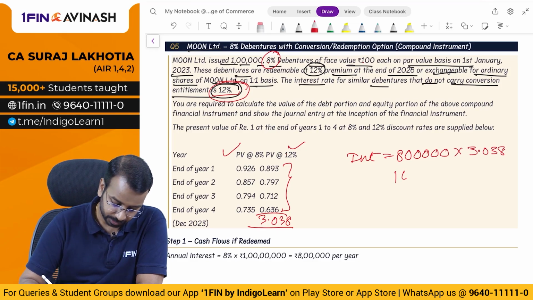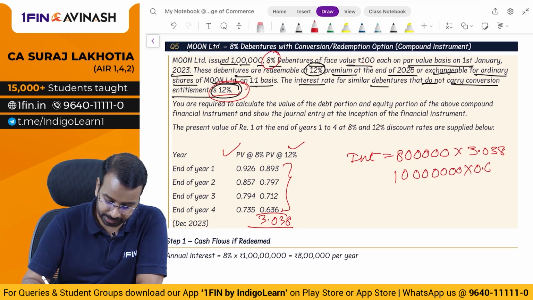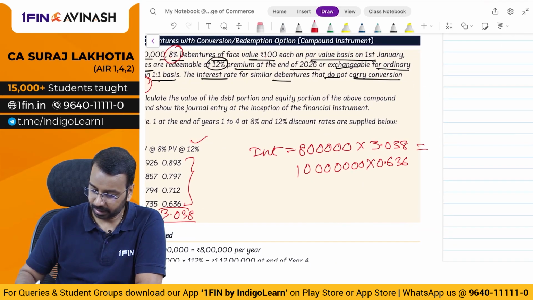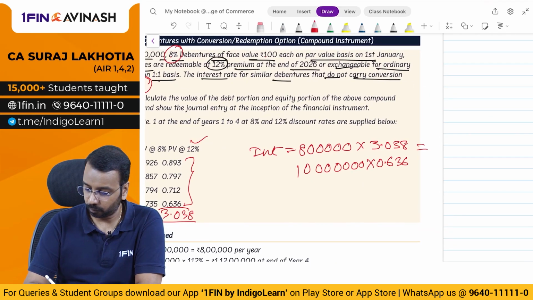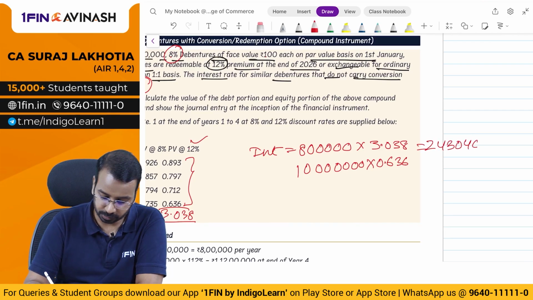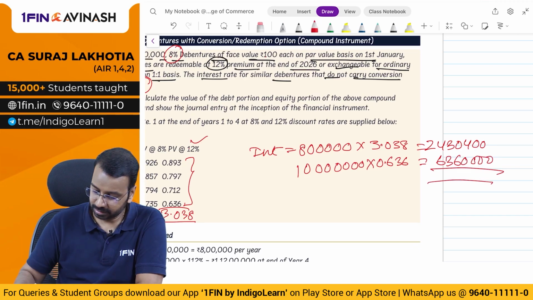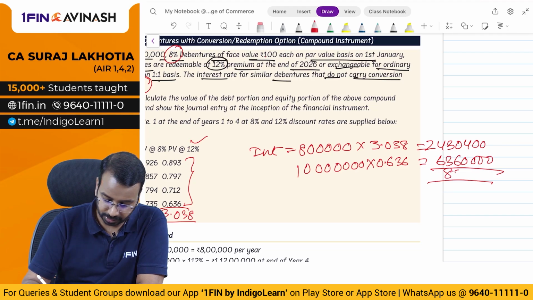Principal 1 lakh into 100, 1 crore into 0.636. So this will be 2430400, and this will be 63 lakhs 60,000, plus 63 lakhs 60,000, 8790,400.